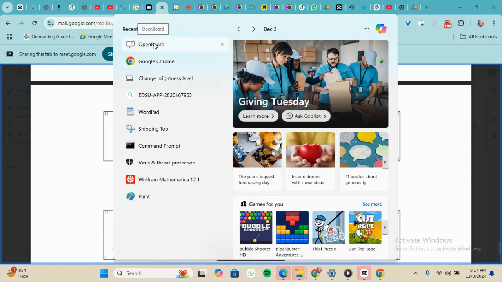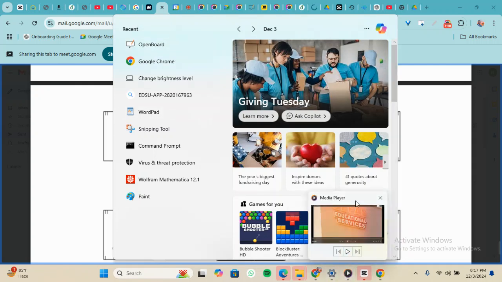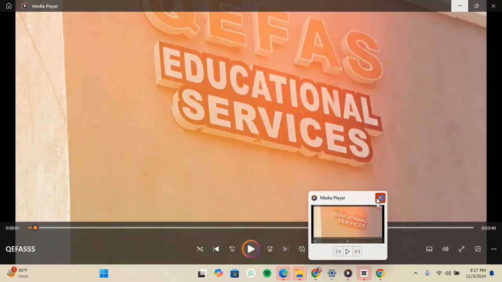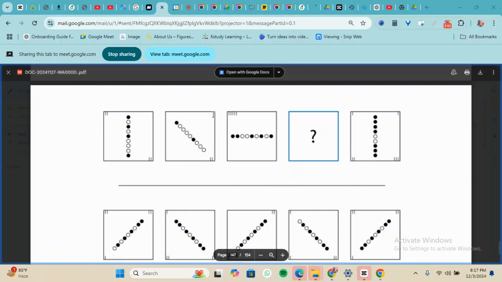Let's just hold on while it comes up. I think it's loading. And besides, it seems I need to share my entire screen. That will be the best thing.